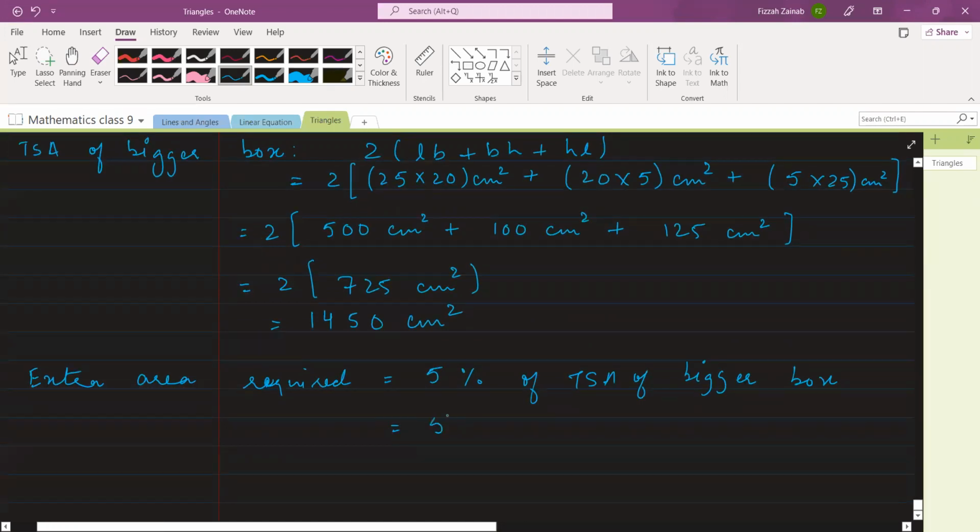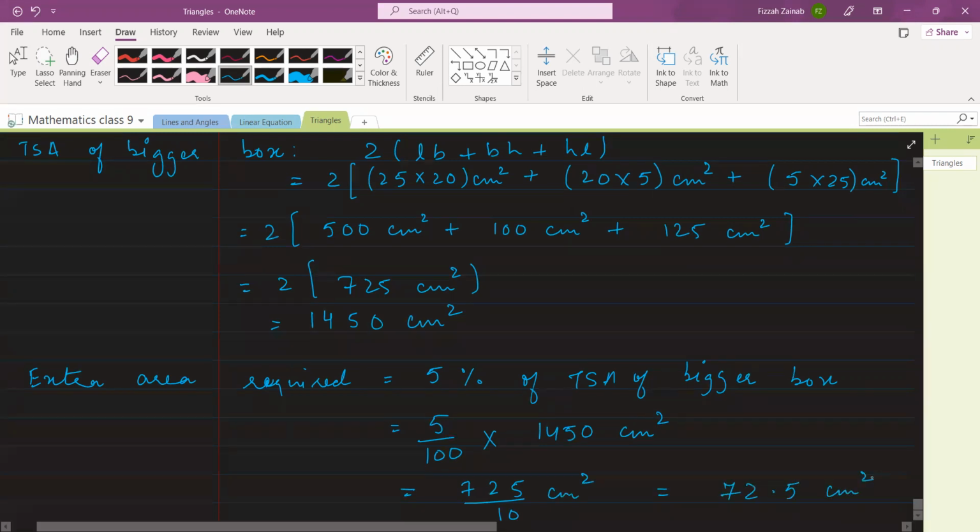So 5% means 5 upon 100 into this 1450 centimeters square. So the zero cancels out, and you multiply by 5. So 5 into 5 is 25, carry 2. 5 into 4 is 20, and that is 22. So 725 divided by 10 centimeters square. So that becomes 72.5 centimeters square. Understand?